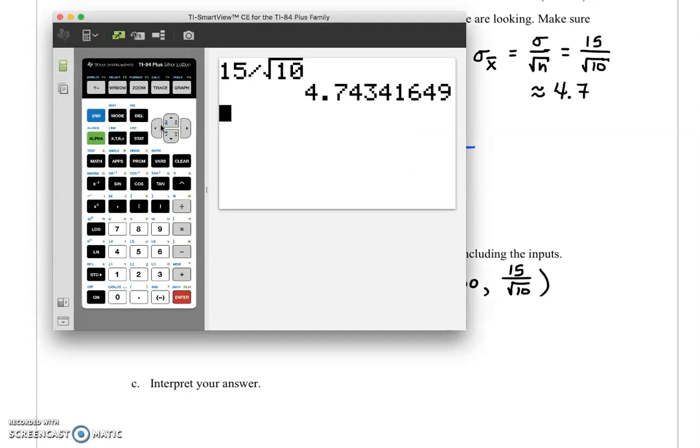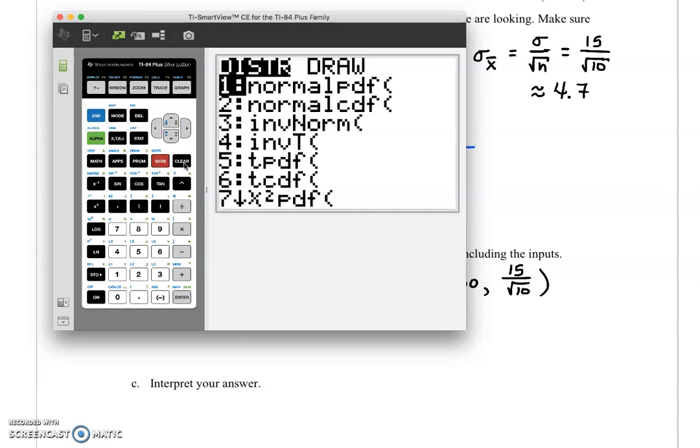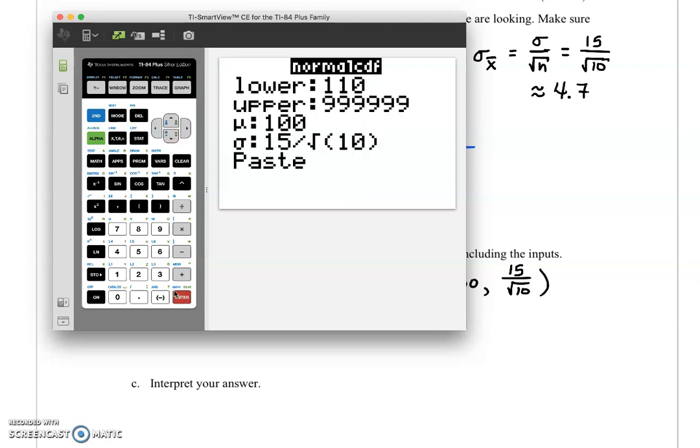How does that work? Well, let's go second vars to our normal CDF, number 2. Our lower is 110. Our upper is a bunch of 9s. The mean is 100. And as you can see, in the standard deviation, I typed 15 divided by square root of 10. Now, let me show you how that goes because it's slightly different than where we calculated it on the home screen.